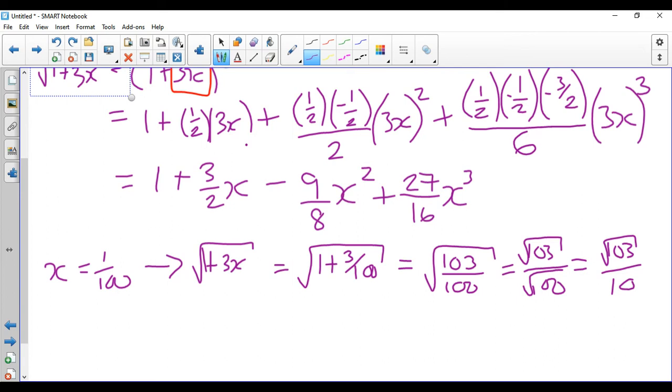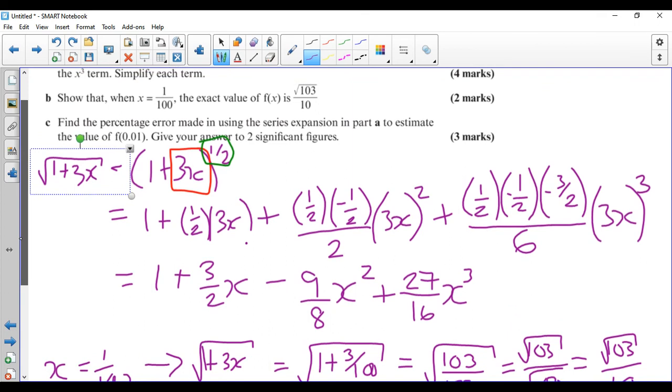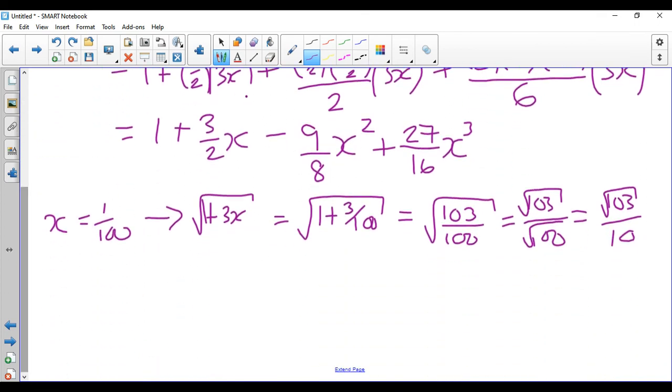You must convince the marker that you got it using algebra and numerical skills and surd skills, not by sort of fudging it, shall we say. Okay, so I clearly showed what was required. Now, it says find the percentage error using the expansion. Now, to use the expansion, what it's asking me to do is put my x equals 1 over 100.